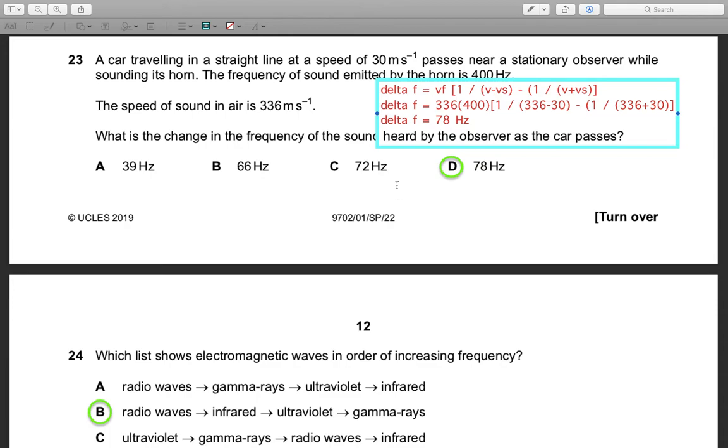Delta f equals v, the velocity of sound 336, times the frequency 400 hertz, times 1 divided by v minus v source, for the source going towards the observer, and the other term for the source going away from the observer. If we calculate with the calculator, we get delta f of around 78 hertz.